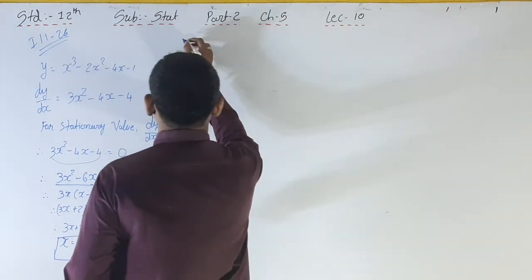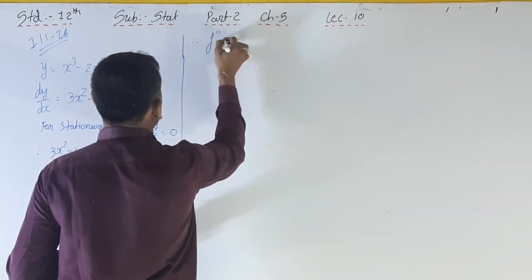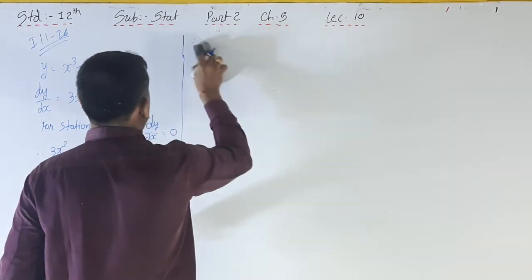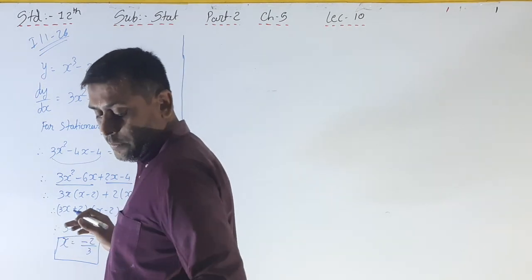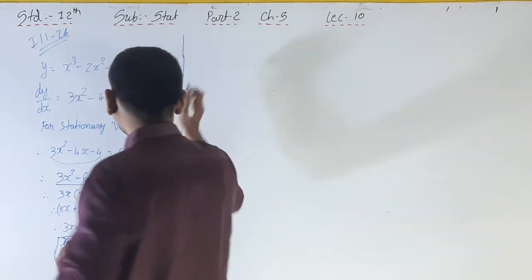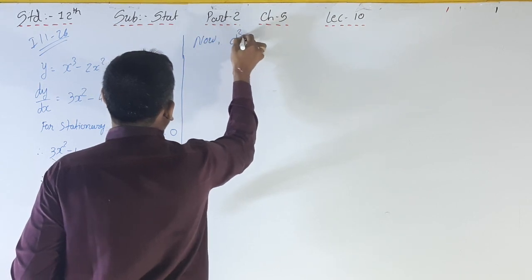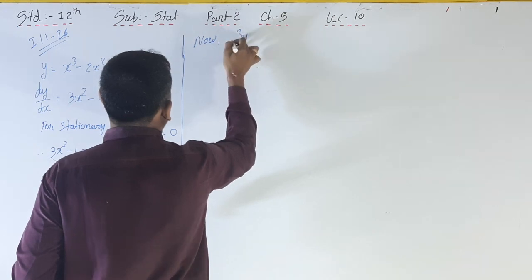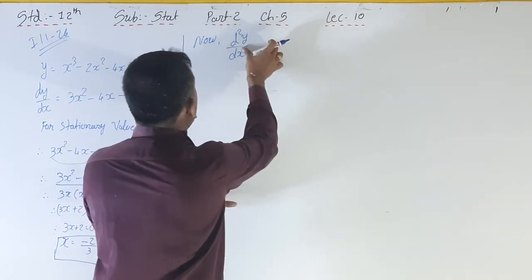Now the step number 3. Here I am writing that now we have to find out the second differentiation. See, that is not f dash x, that is dy by dx. That's why the third step, that is now d square y by dx square. We have to find out this d square y by dx square.